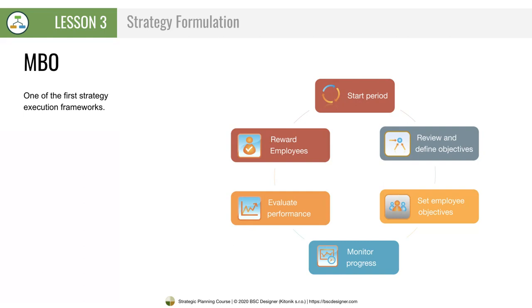In the context of strategy definition, this framework introduced certain criteria for a good objective. According to MBO, objectives have to be ordered according to their importance. Objectives have to be quantitative and realistic. Objectives have to be in line with organizational policies and compatible with each other.